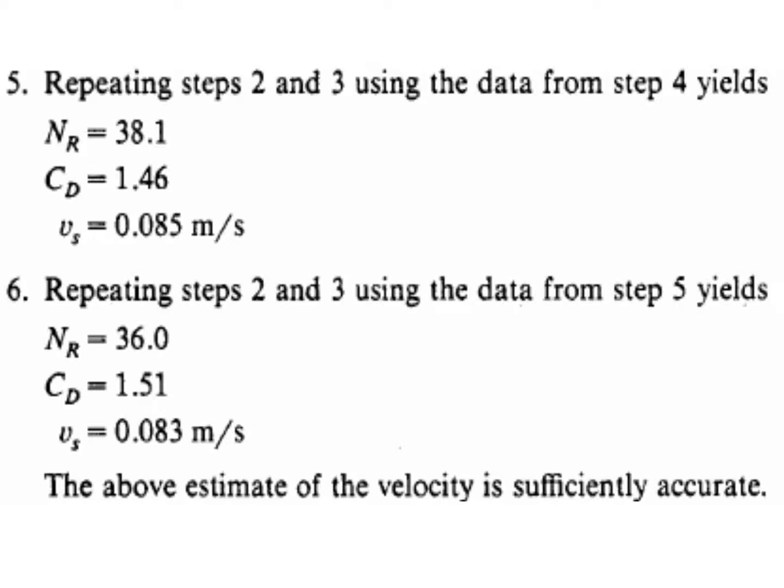Still it is not the same in decimals. Repeating steps 2 and 3 using the data from step 5, the Reynolds number will be 36, the drag coefficient will be 1.51, and the settling velocity will be 0.083. So the above estimate of the velocity is sufficiently accurate. The decimals, as you see, are 0.08 and 0.08, and you will stop here.